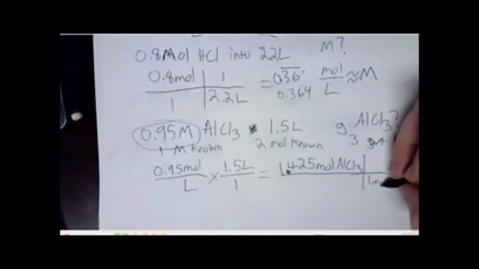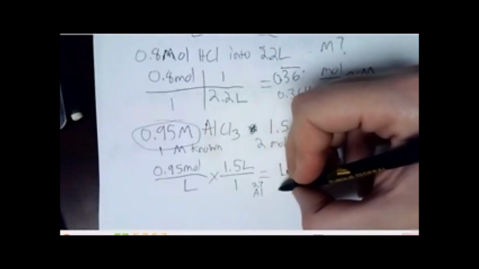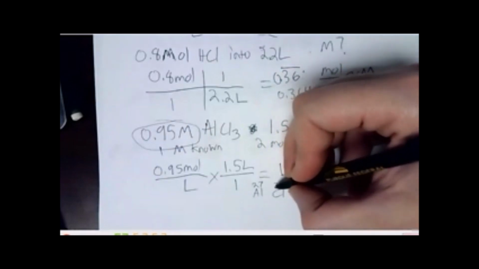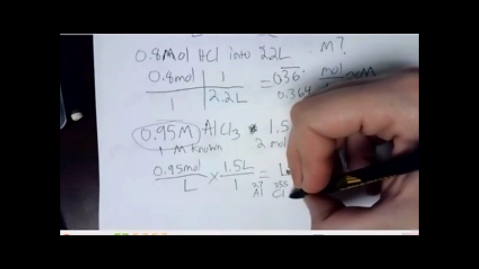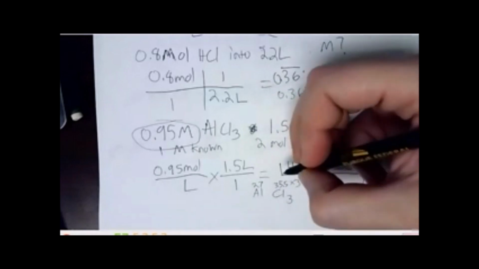So for every 1 mole of aluminum chloride, we have to figure out what is the weight of aluminum chloride. Well, aluminum is 27. Chlorine is, we'll say 35.5. That's the one I really don't like to round. And there's 3 of them.